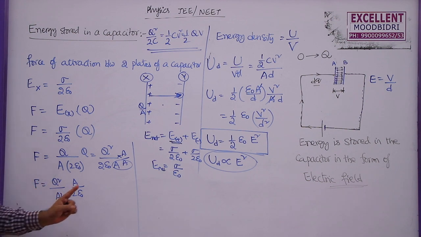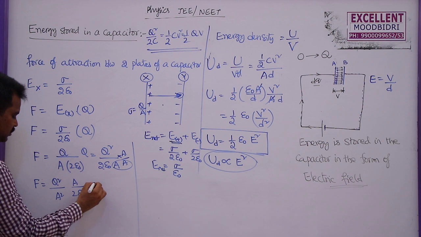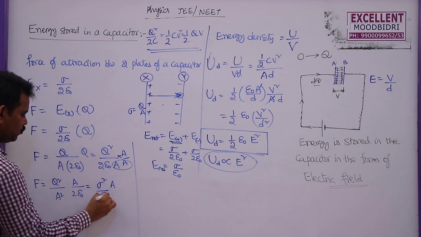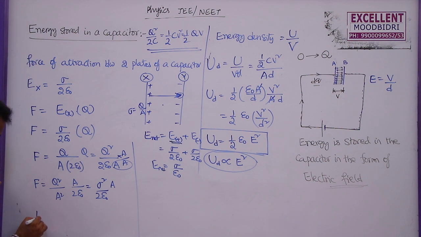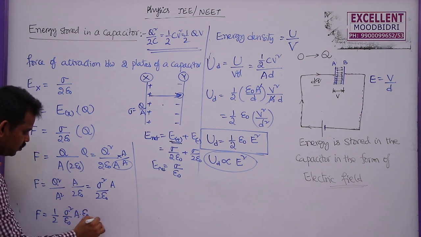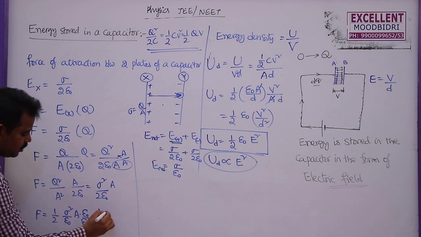What is Q by A? Q by A is, once again, sigma. So, I am going to write this as sigma squared A by 2 epsilon naught. So, F can be written as half into sigma squared by epsilon naught into A. You can also multiply this with epsilon naught and epsilon naught, and write half into sigma squared by epsilon naught squared.